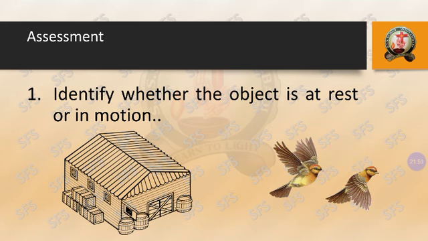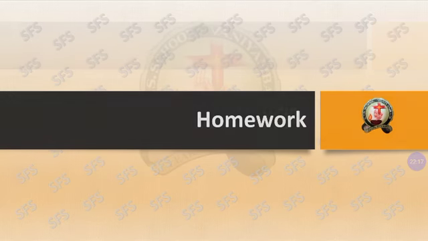Go through these pictures and try to mark whether these objects are moving or at rest. For this assessment you can have a separate note for science. Try to write the answer on your own, and then you can submit it in the WhatsApp group. Then you have got a home fun for you.